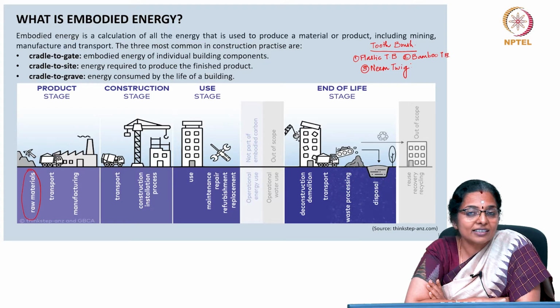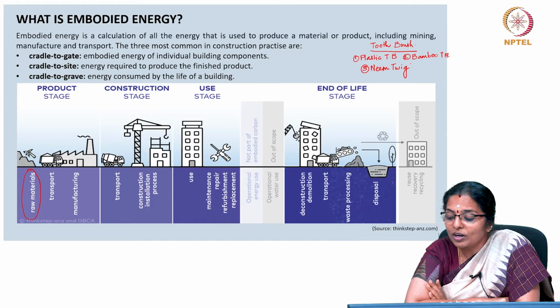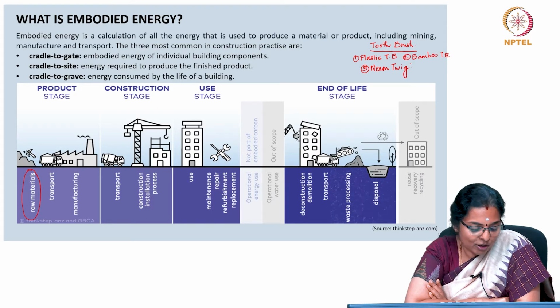Then second is transport. What does it entail to transport the raw material of a plastic toothbrush? What does it entail to transport a bamboo toothbrush base and its plastic bristles? Is there any transportation involved in neem twig? This analogy you take.